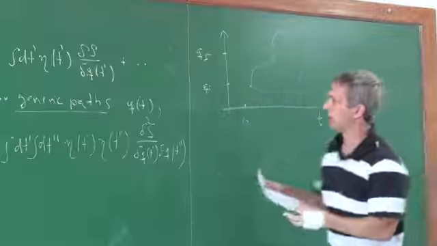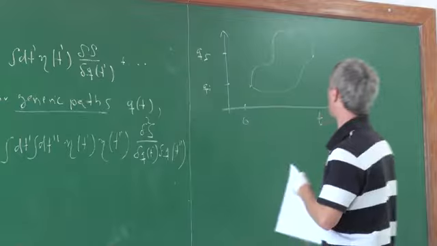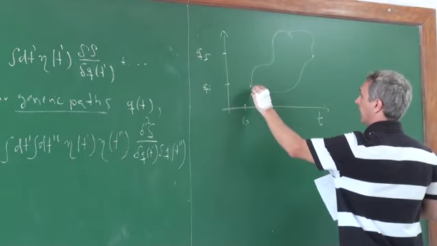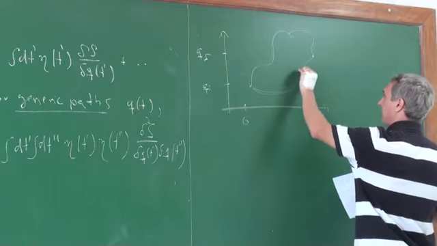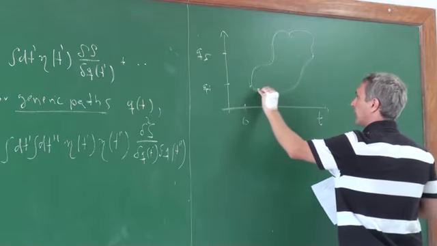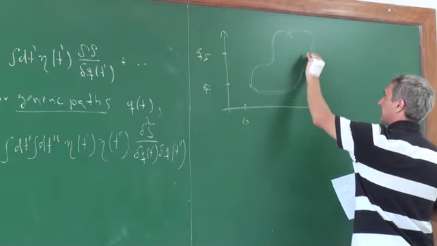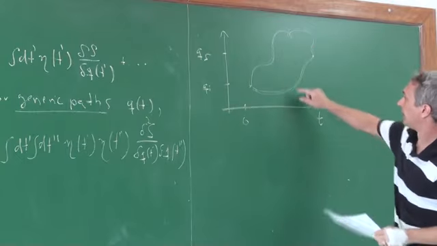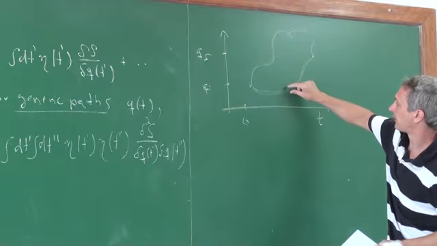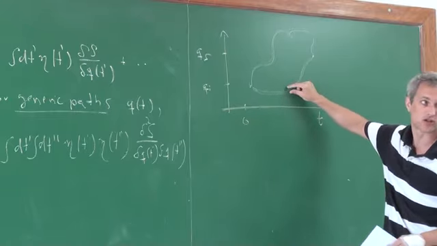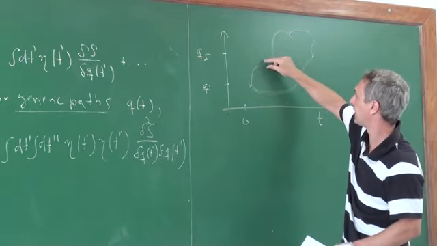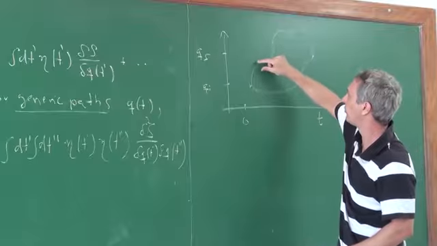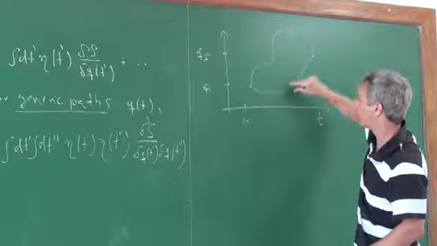So you have deviations of order eta, while for a classical path, I can look at the tube around it of paths which have more or less the same action. Here I cannot really define a tube of paths which have the same action. Here I can.